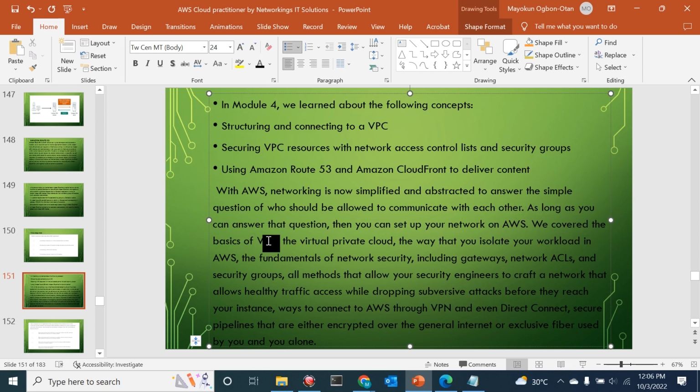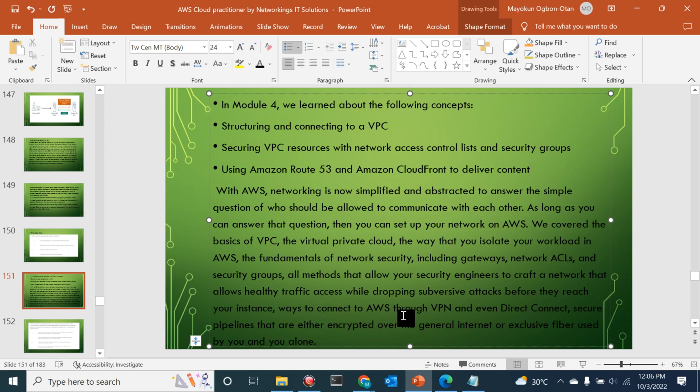We cover the basics of VPC, the virtual private cloud, the way that you isolate your workload in AWS, and the fundamentals of network security, including gateways, network access lists, and security groups. All methods that allow our security engineers to craft a network that allows healthy traffic access while dropping subversive attacks before they reach our instances.